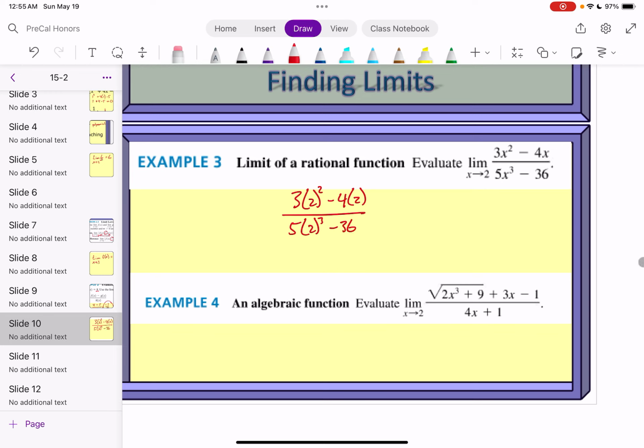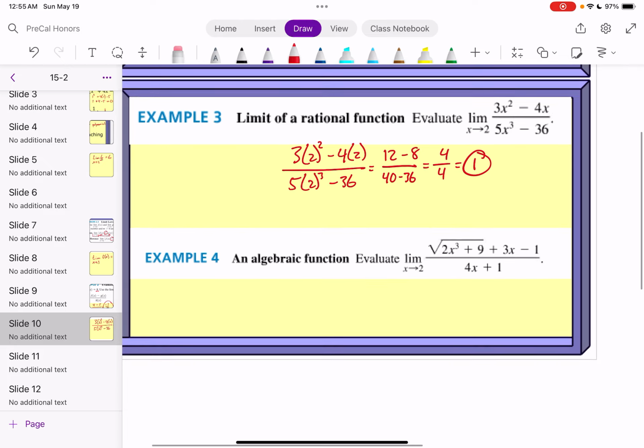In this case, 2 to the second power is 4 times 3 is 12 minus 8 over 2 to the third power is 2, 4, 8. 8 times 5 is 40 minus 36. Here we end up with 4 over 4, which our final answer would be 1.